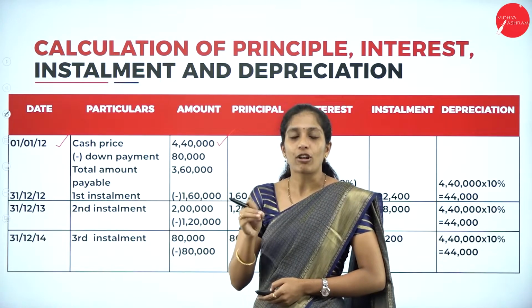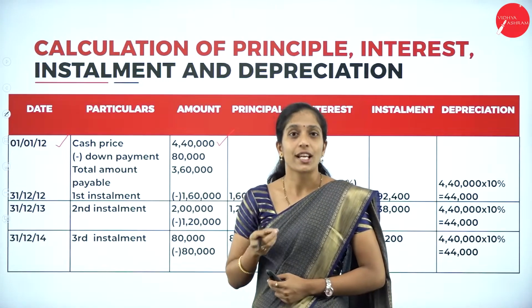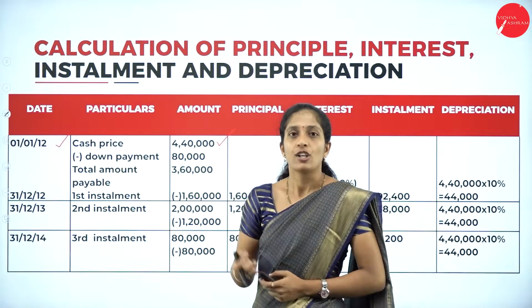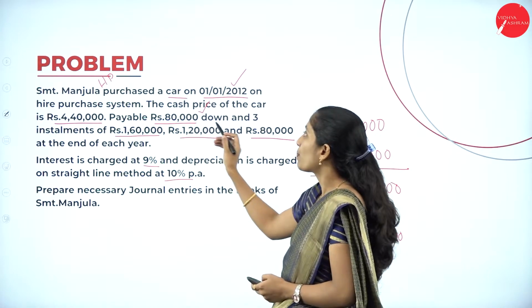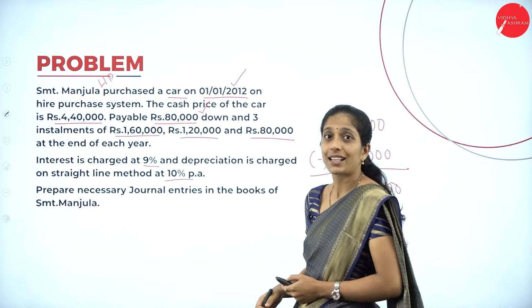Next, on the date of delivery, she has made the down payment, right? So what is the down payment she has made? Here they have given payable rupees 80,000 down. It's nothing but what?